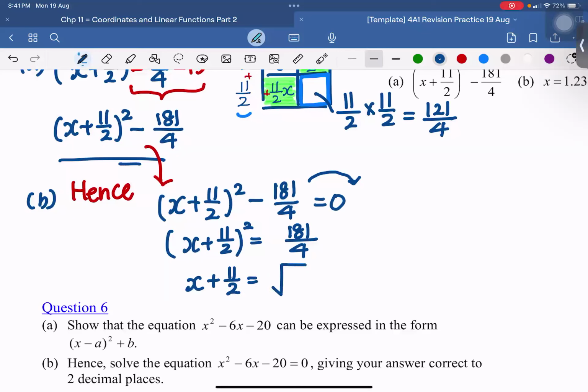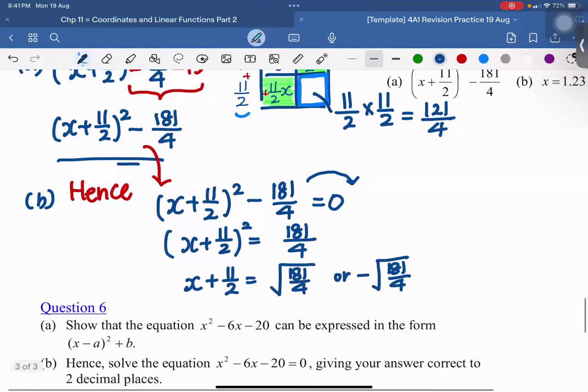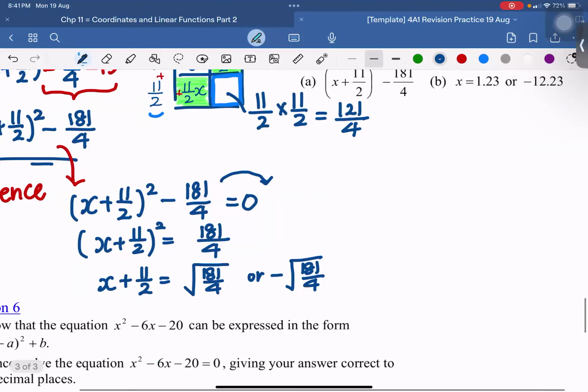When we take square root, there are two answers. One positive square root, one negative square root. Okay, and usually I don't like to write down all the decimals yet. I'll do it at the very last step. Then now I want to find x. I do not want the plus 11 over 2. Bring over here. What do we do? We minus away.